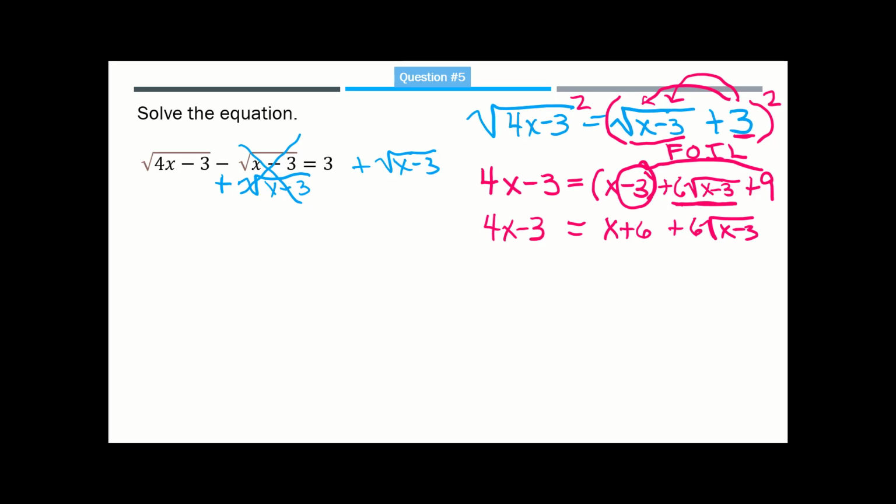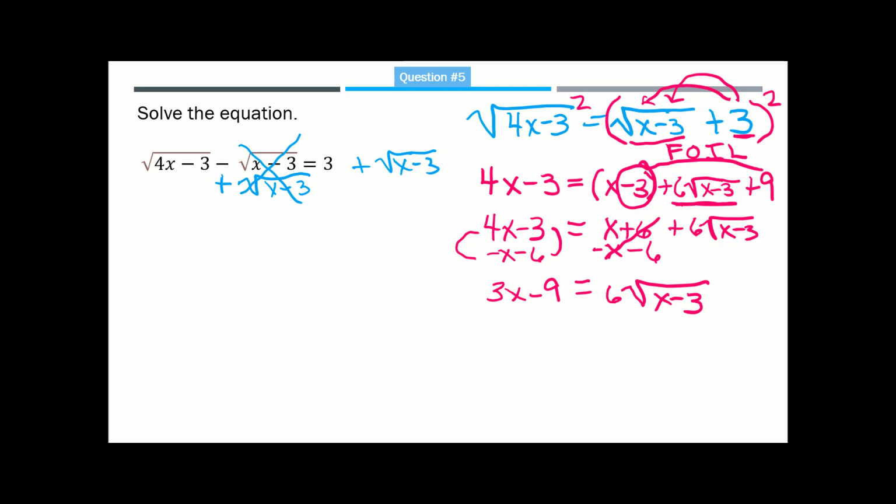And I'm going to go ahead and subtract x and subtract 6 from both sides. So this is going to be 0, and I'm just left on the right with 6 times the square root of x minus 3. And then 4x, take away 1x is 3x, and negative 6 plus negative 3 is minus 9.